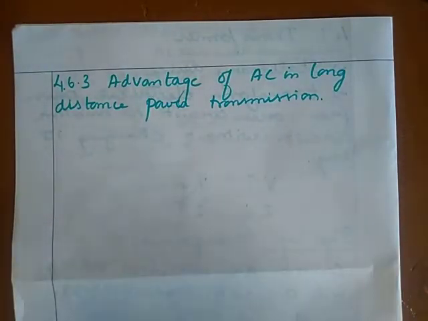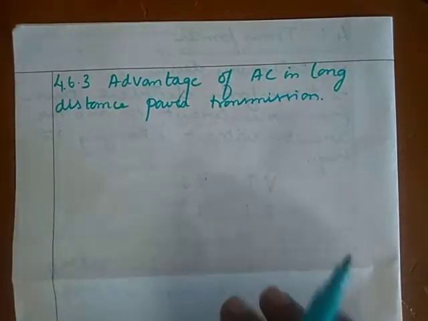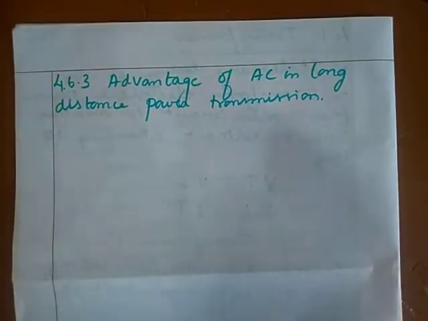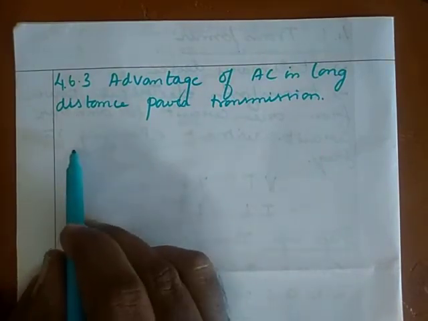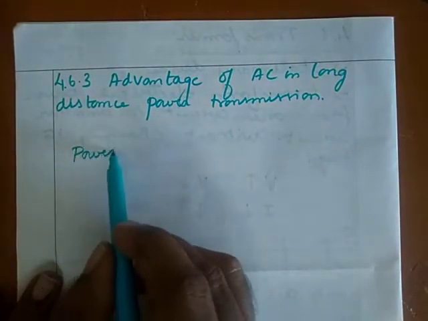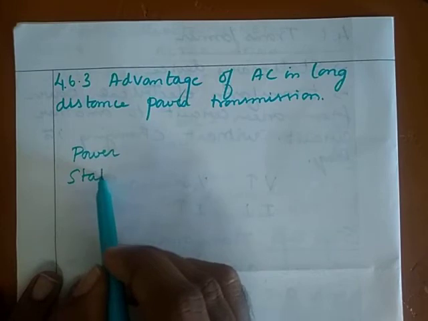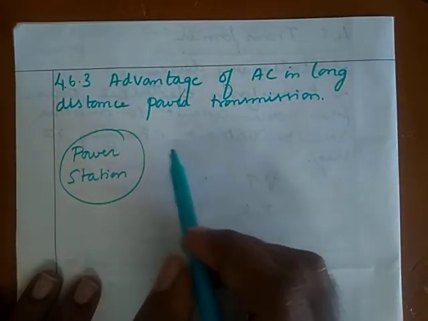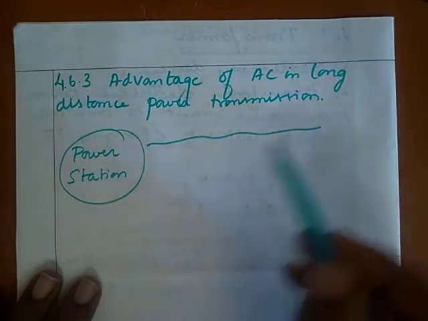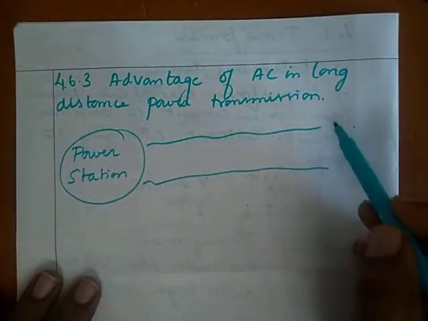We need that electric power, so it is transmitted over a long distance through transmission lines to reach our cities. This is known as power transmission. But there is some difficulty during power transmission. A sizable fraction of power is lost due to the Joule heating effect. Suppose this is a power station, and this is our city.